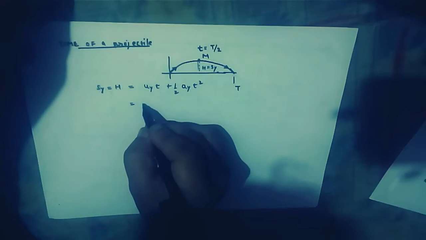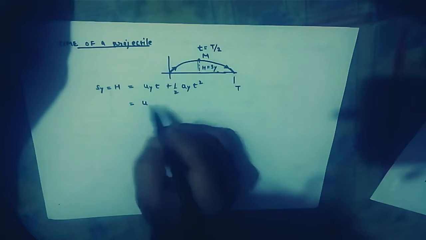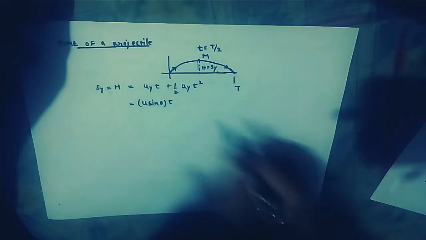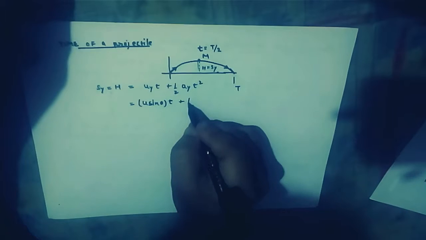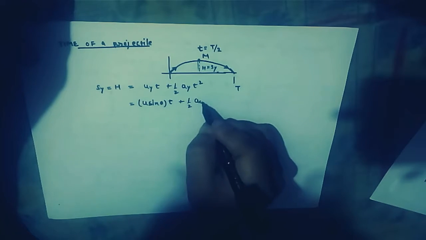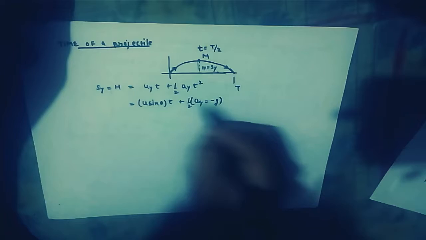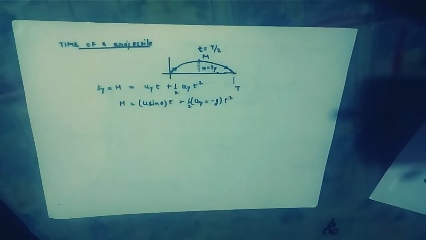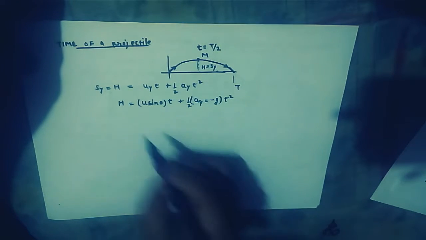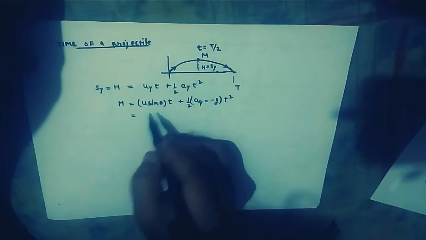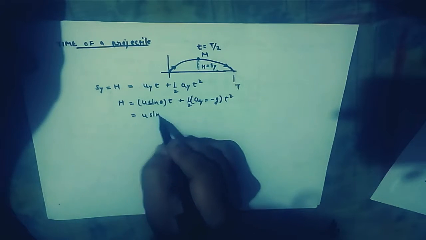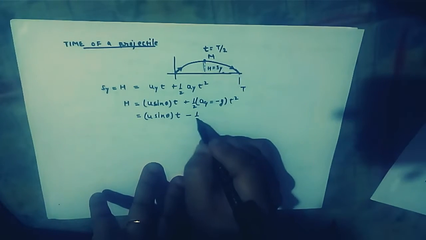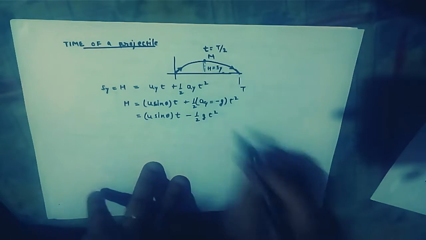Uy is u sin theta, and t that we have to find, plus half ay. Ay here is minus g, and t square, and that is H. So this would be u sin theta t minus half g t square equals H.